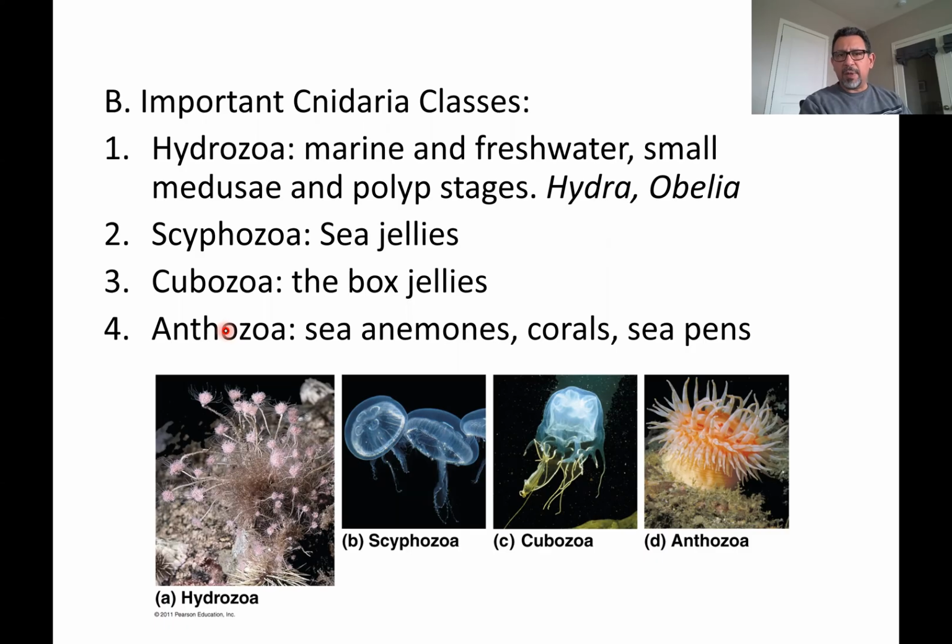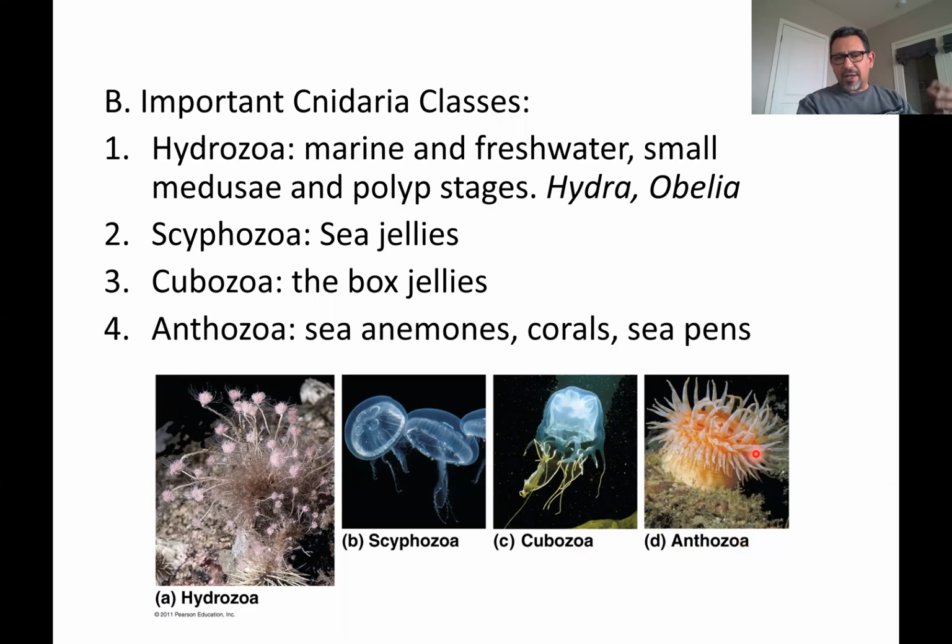Then we have one more class, and that is going to be the Anthozoa. And these are going to be the anemones, also corals. Animals that form the coral reefs in the ocean are going to be there. There are other very interesting looking animals known as sea fans and sea pens. Those are also cnidarians, members of the class Anthozoa. By the way, the word antho means flower, and zoa means animal.